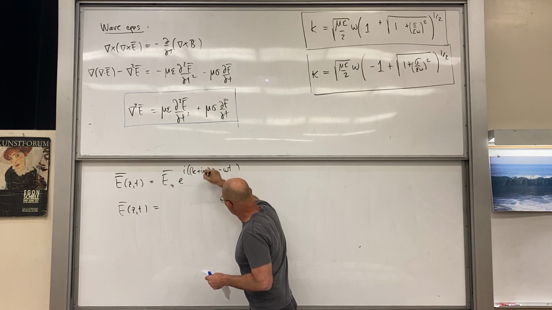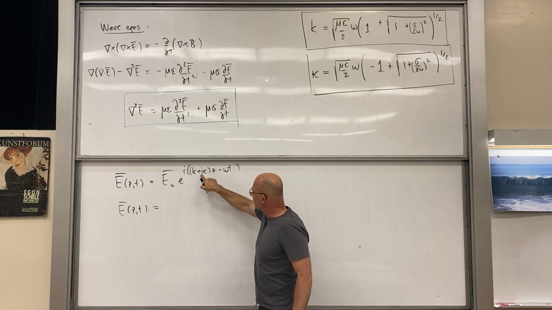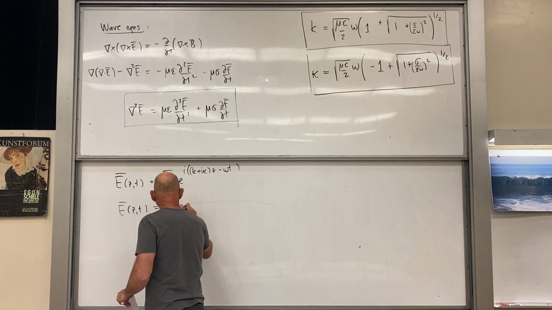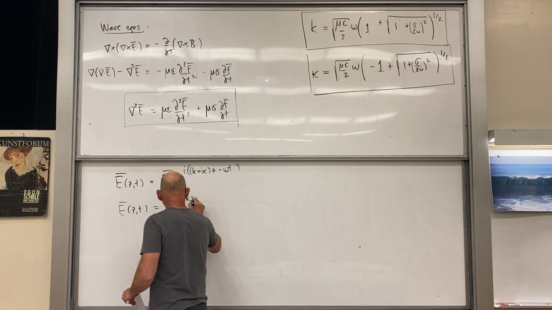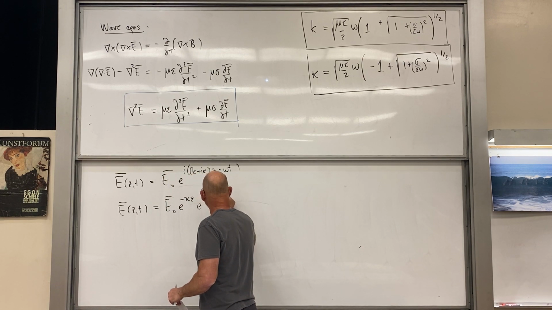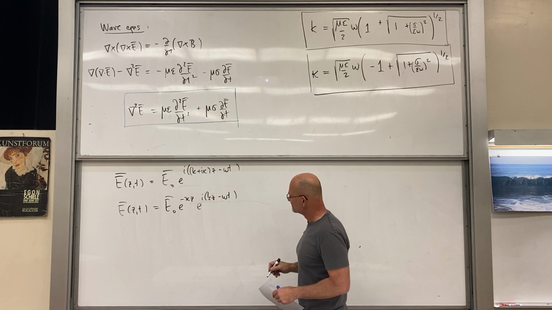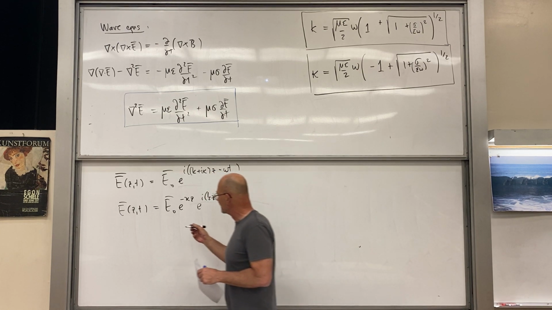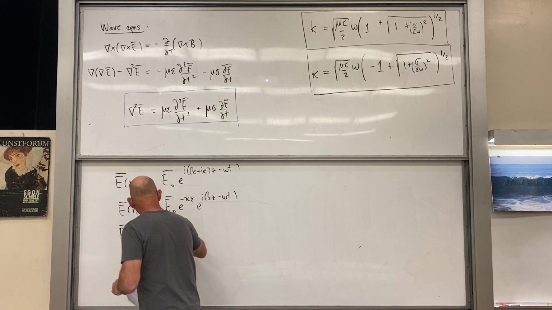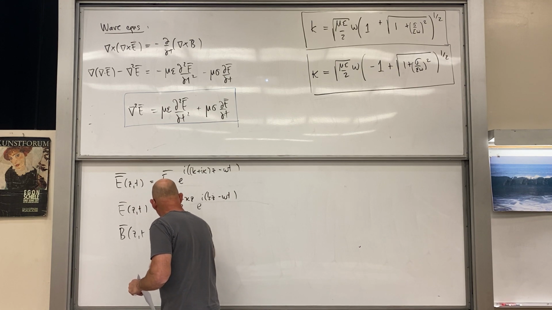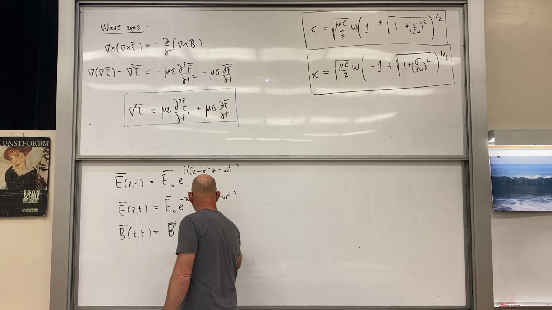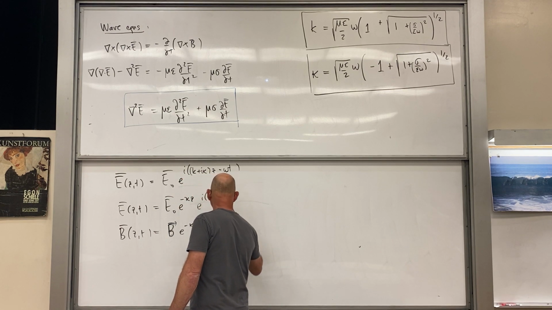That was k plus i kappa, so we've got e to the minus kappa z. So E0, e to the minus kappa z, e to the i(kz minus omega t). And obviously the same thing for B. So the relation of E and B comes from going back into Maxwell's equations.